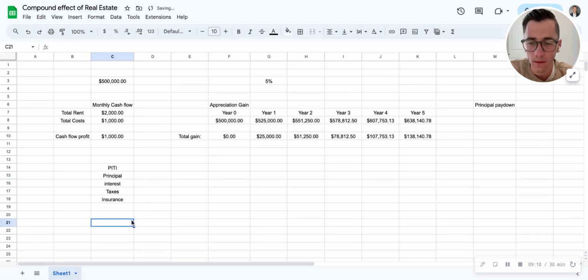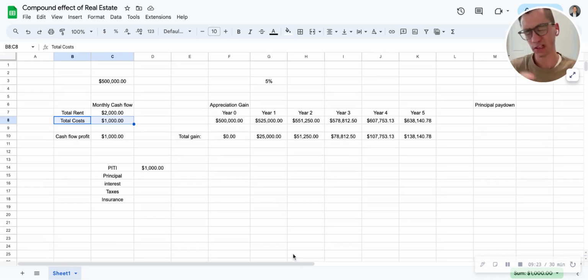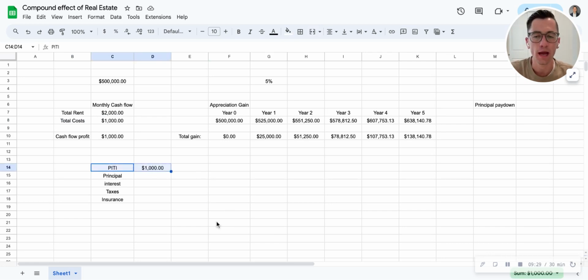So here's your entire monthly payment, your $2,000. Your costs are going to include things like utilities and yard maintenance. But just to keep it simple right here, we'll just talk about PITI. So your total payment is $1,000 a month.